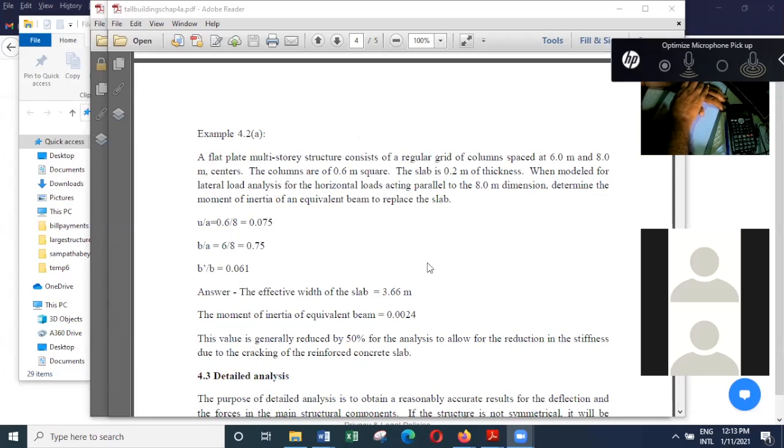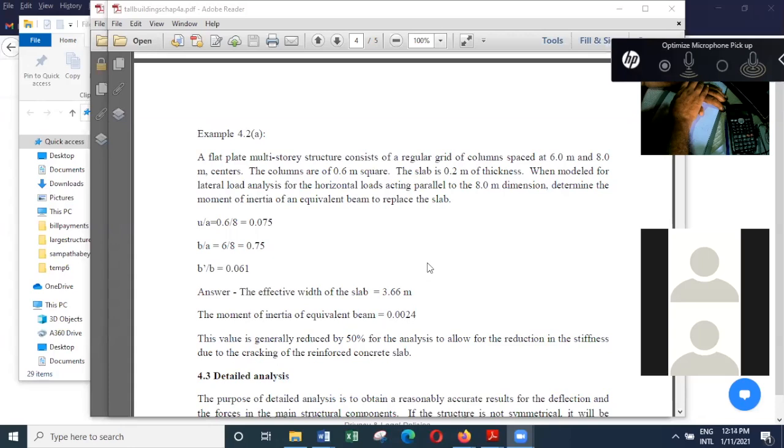But if you are modeling a structure with beam slab construction, then you get mainly the columns, beams, and slabs. If you want, you can represent the slabs. On the other hand, you can say the floor is acting as a rigid diaphragm, and then even if you don't model the slabs, the program will still assume that there is a slab and the behavior is rigid diaphragm.